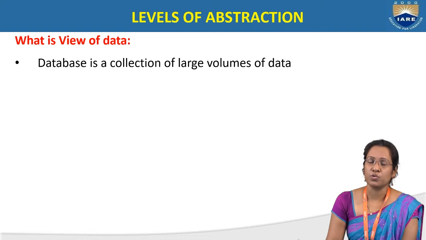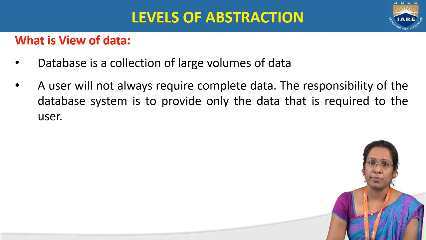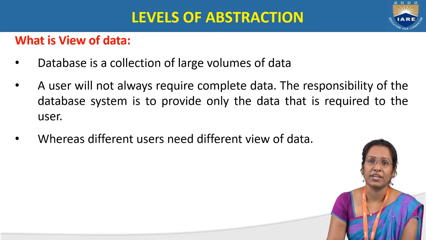So the responsibility of the database system is to provide only whatever information is required to the user. That is called a view of data, because different users have different views of the data.